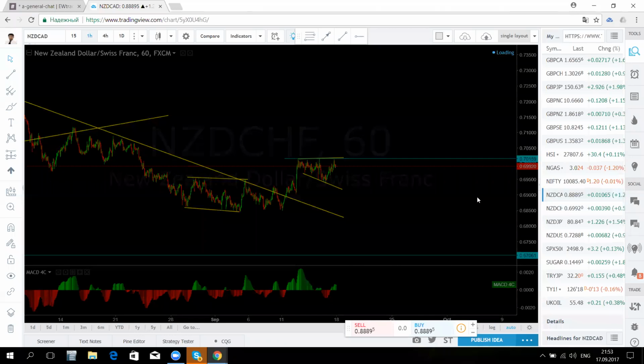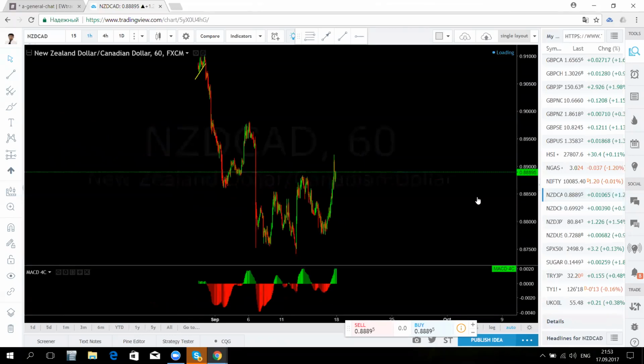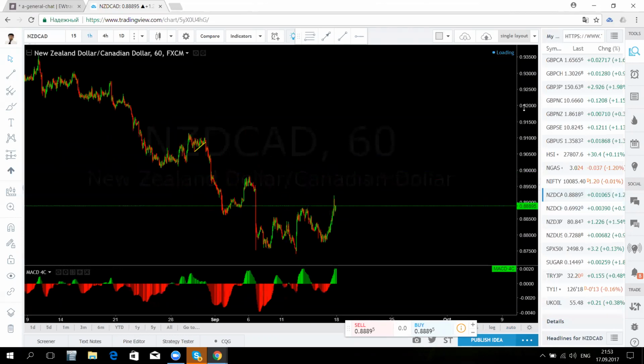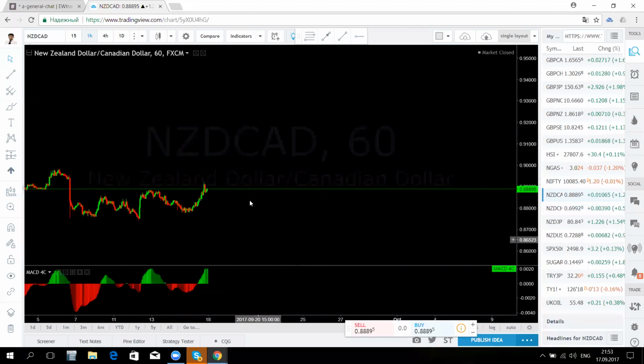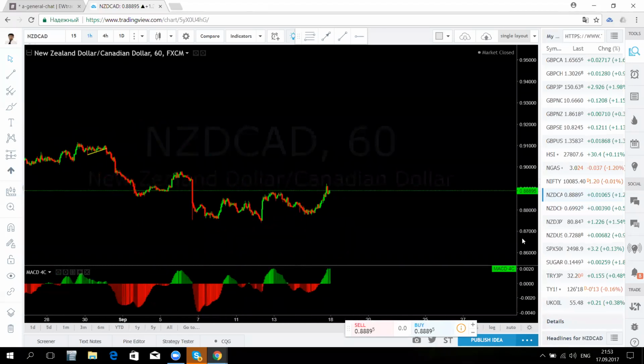New Zealand CAD. See, New Zealand only has a few of them that we look at. New Zealand CAD is correcting to the upside, and that's a correction, because at some point this is going to break. So can we look for trade setups to the downside already? I think you might not get it as yet.